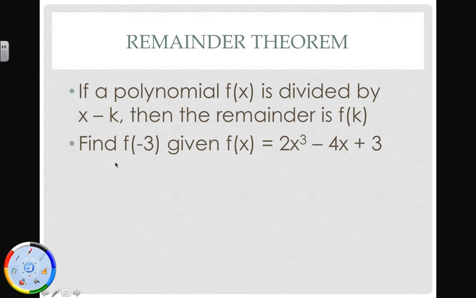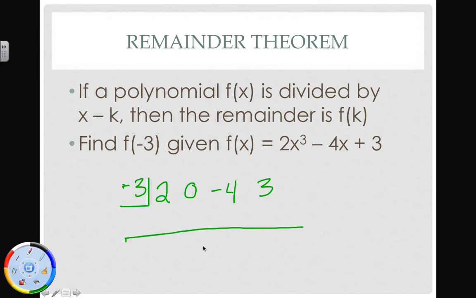So here's the question. If I wanted to find f of -3, yeah, we could plug in -3, but people mess up negative signs all the time. So what I want to do is just do synthetic division. If I plug in -3 in my synthetic division, and I look at my coefficients, notice I'm missing the quadratic, so I got to plug in the 0. And then most of you are going to get really quick at synthetic division.